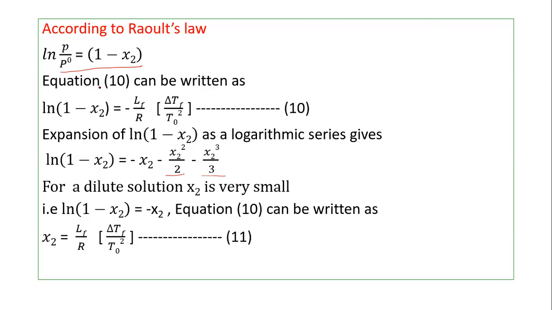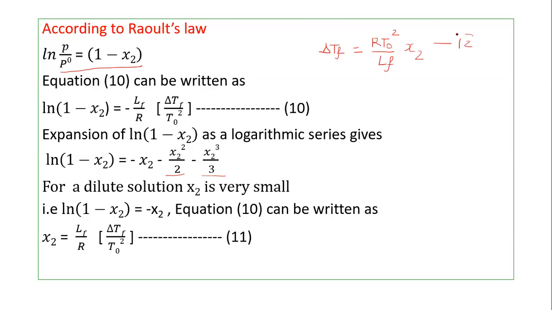So delta TF is equal to R T0 square divided by LF into x2.